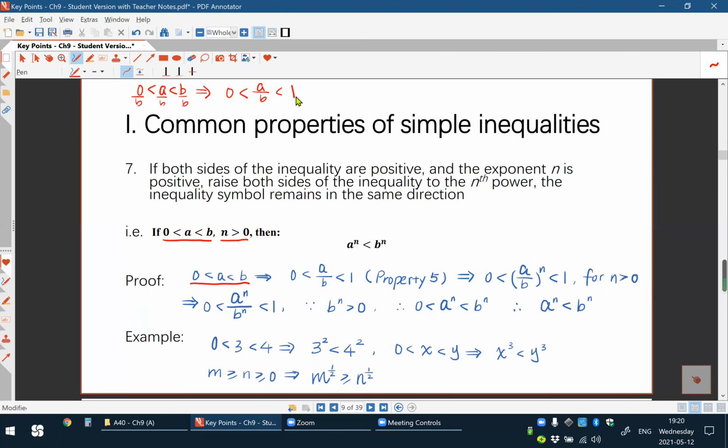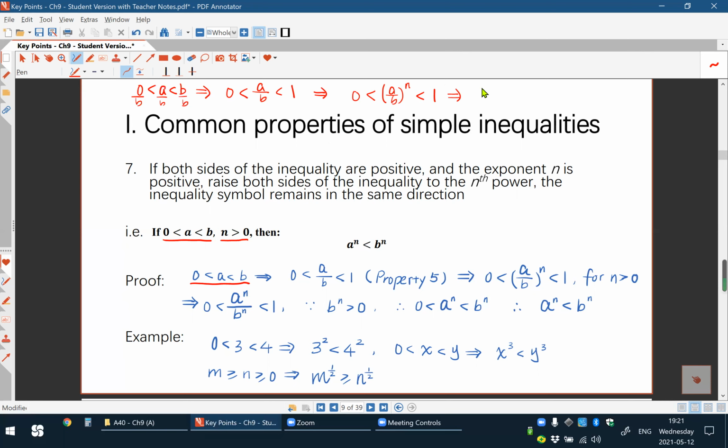And then we know that a over b is a number that is greater than 0 and smaller than 1. So we can raise it to the nth power, right? Remember that n is a positive number. So this number should also be within 0 and 1, right?